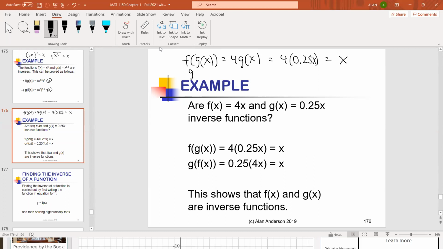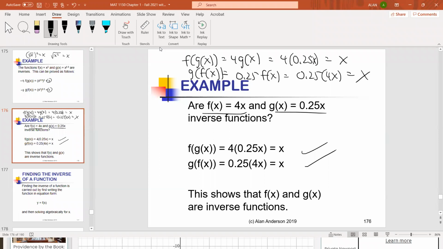And then in turn, g of f of x would be 0.25 times f of x, 0.25 times 4x, or x. So that's correct. These are inverses of each other.